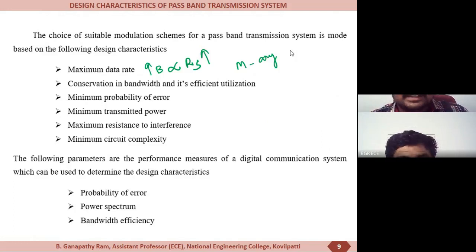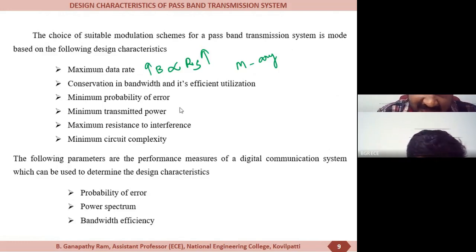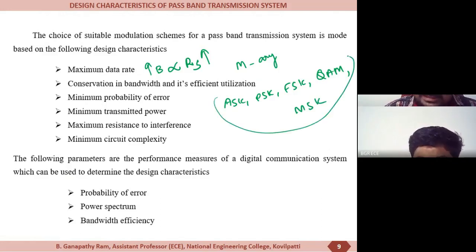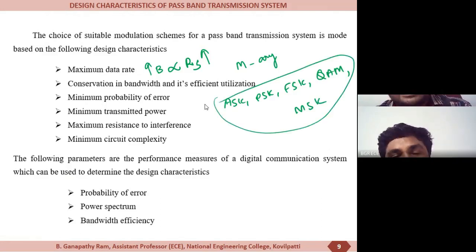Then is the transmitted power. Based on the different transmission techniques, we have numerous choices: ASK, PSK, FSK, QAM, and MSK. Each of these signals has different power requirements.